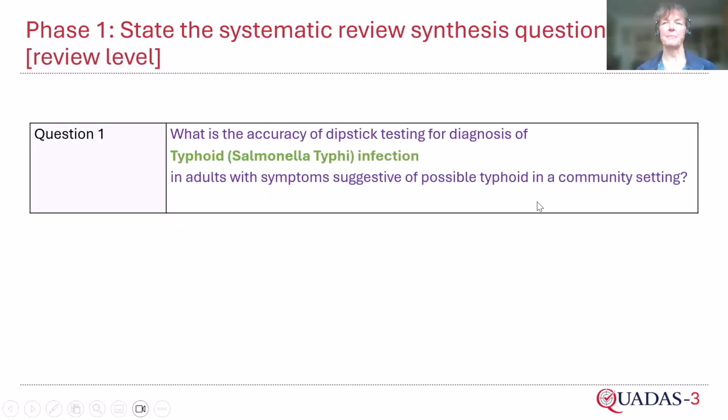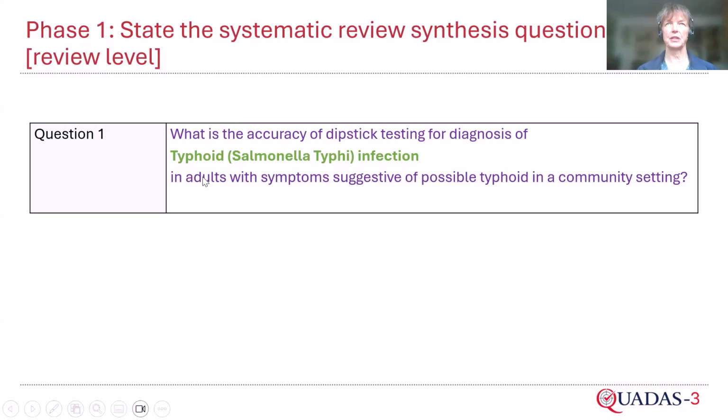Okay, so in this example from typhoid, the first question is, what's the accuracy of dipstick testing for diagnosis of typhoid infection? And that's using one particular infectious agent, Salmonella typhi. And then there's a few more details. Again, the questions define your participants, your index test, your reference standard, and your clinical setting.